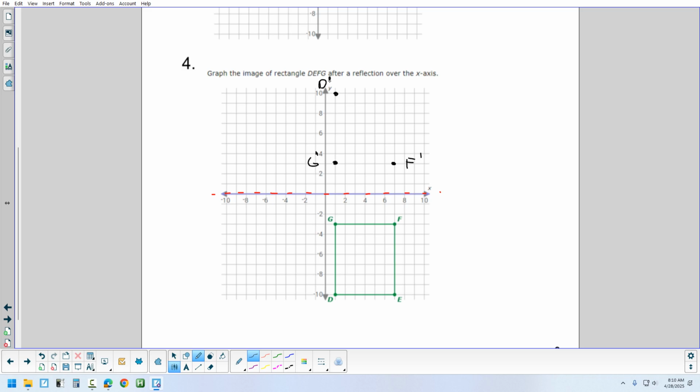So there's D prime. And then once we get 3 out of 4 of them, we know the shape is a rectangle. We can kind of just figure out where the last one goes. That's E prime. Okay. And connect all your points. And there's your shape. Any questions on that?